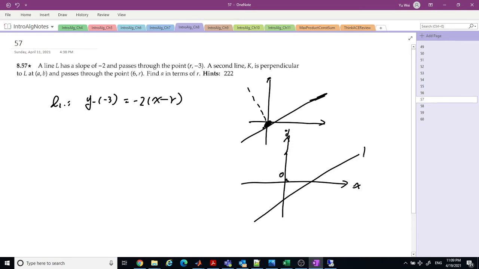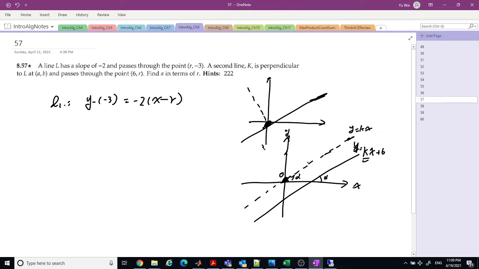If this line is kx plus b, its slope is k, right? So we can find a parallel line passing through 0, 0. This is the angle alpha, and the tangent of alpha is the slope. So the line through 0, 0 is y equals kx, right?